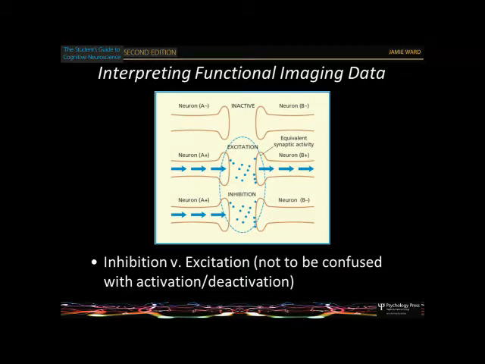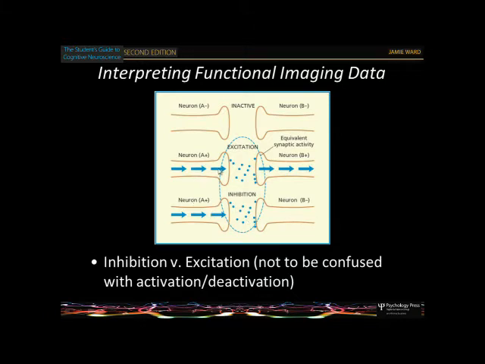Another issue is that we think the BOLD response is linked to synaptic activity, as opposed to action potentials, which is the alternative. Here you've got something excitatory, where this neuron is switching that neuron on. Here you've got something inhibitory, where this neuron is switching that neuron off.